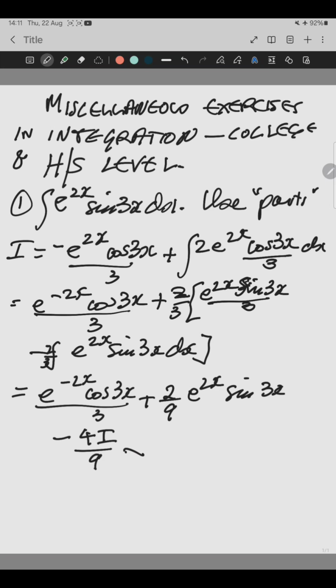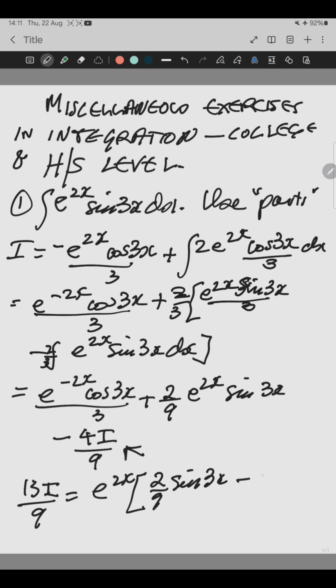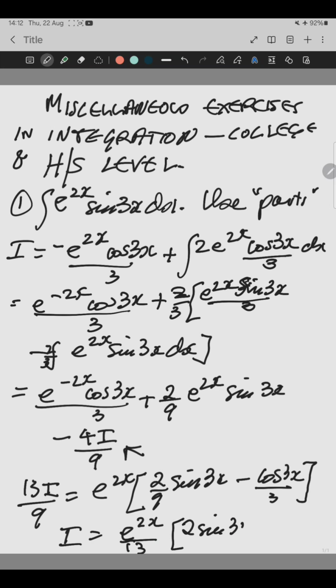Bringing this term onto the other side, we have 13I over 9 equals, take the e to the 2x outside, and inside we'll have 2/9 sine 3x minus cos 3x over 3, and then finally I will equal e to the 2x over 13 into 2 sine 3x minus 3 cos 3x. That completes the first one.